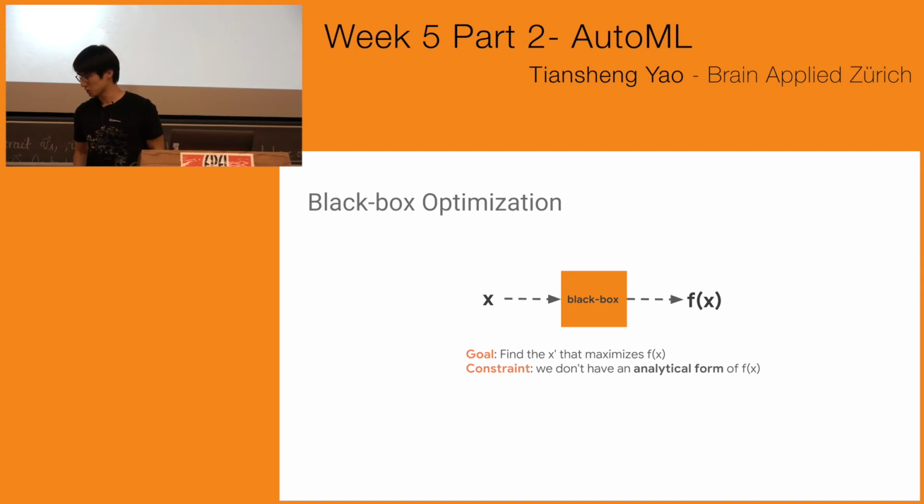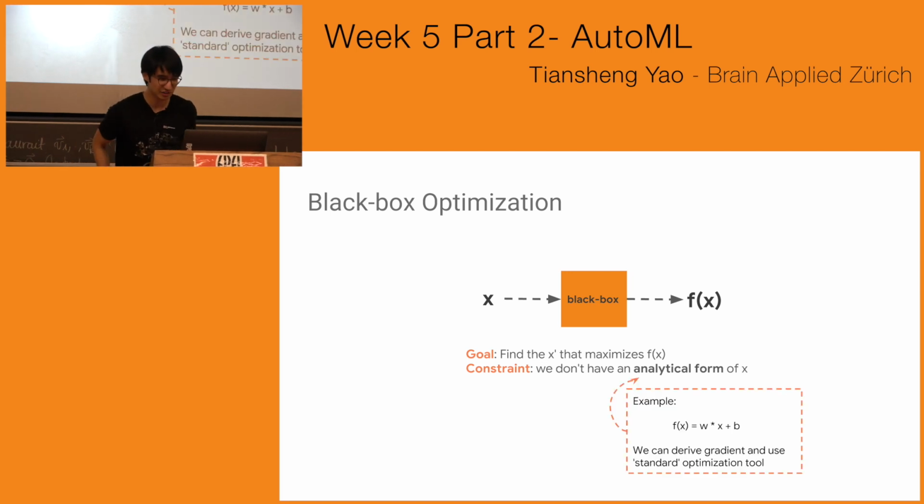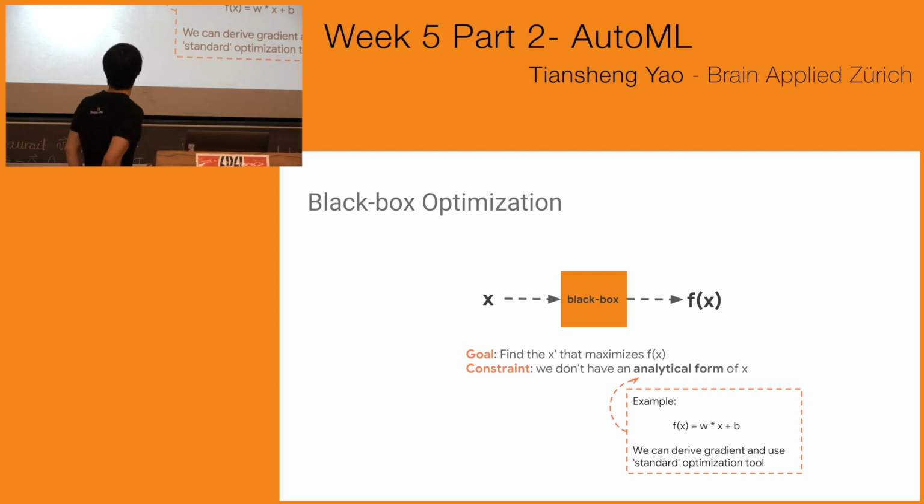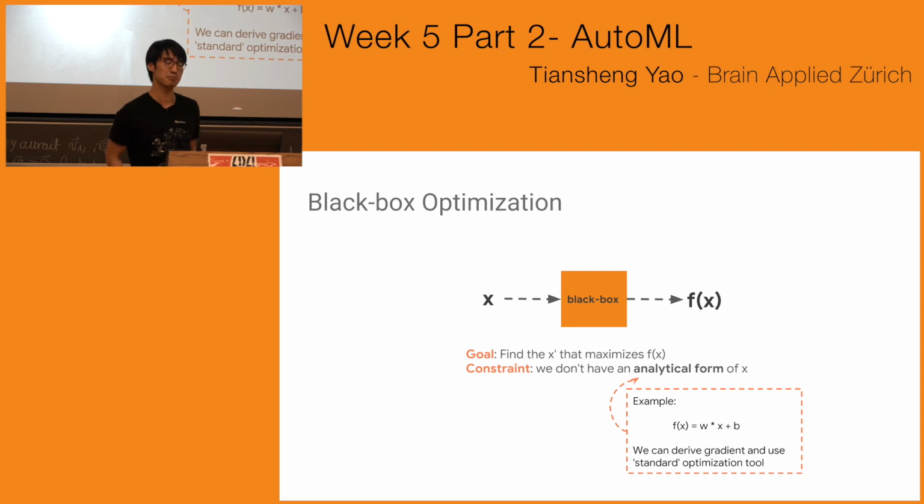So how do we solve something without an analytical form? In academia, this is a class of problem called black box optimization. You try to solve the optimization problem, given an x that maximizes f of x, but you do not know the function f of x itself.